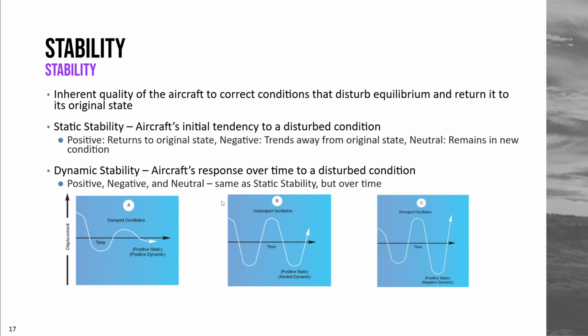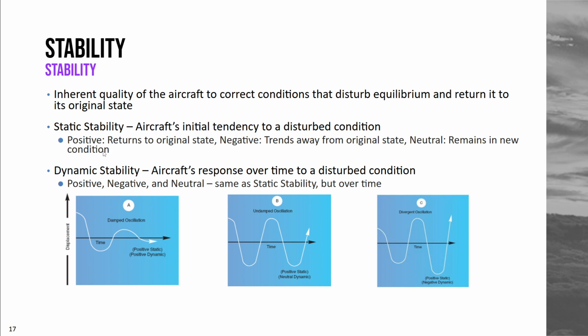If I am flying and all of a sudden I push the yoke forward, will that aircraft try to pitch back up? Will it stay at that new position that I pitched the nose down, or will it worsen over time? That'll tell me if it's positive, negative, or neutral static stability.